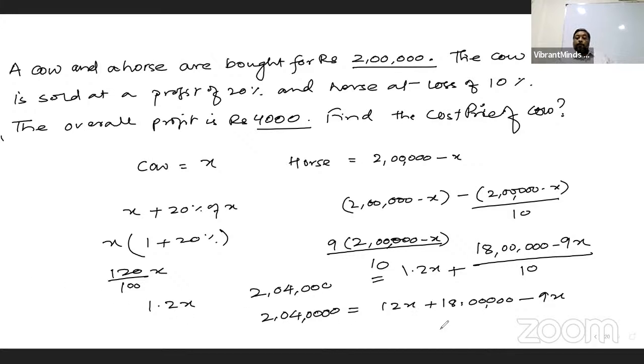So what we are getting here is 3x, and this will be 2,40,000. 3 gets cancelled and x is 80,000.